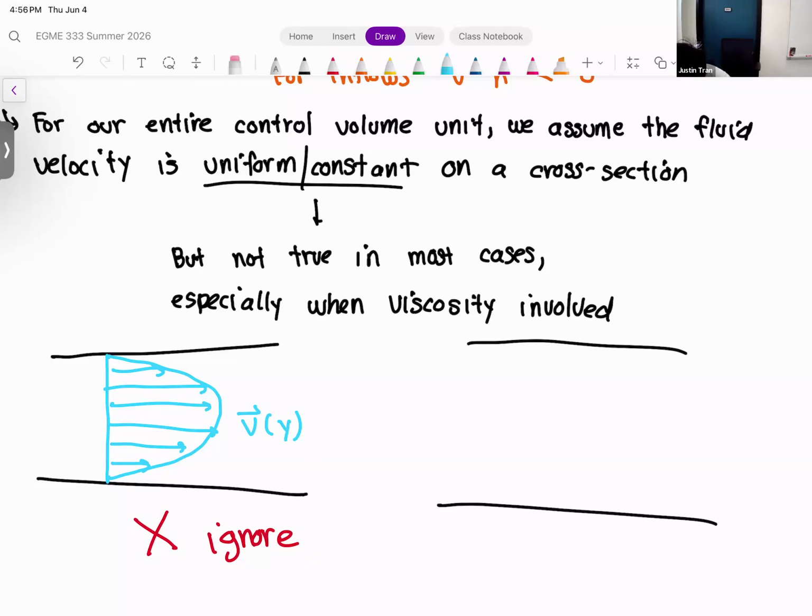Right. So it looks something more like this. Right. So we just have a single value of velocity that we can just kind of plug right into the Reynolds transport theorem. Right.